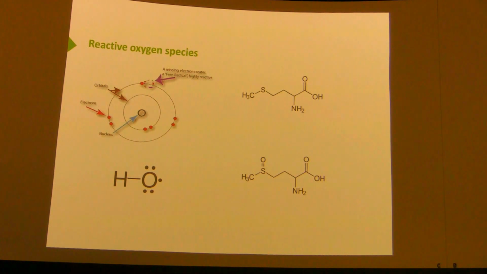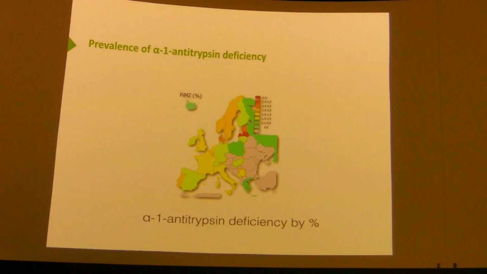Okay? There are people who have a genetic disease or genetic defect or genetic disorder, whatever we want to call it, that don't make alpha-1 antitrypsin, or they're deficient in alpha-1 antitrypsin to some extent. And you can see a plot of the prevalence of deficiency of alpha-1 antitrypsin across Europe in this fashion. Okay?